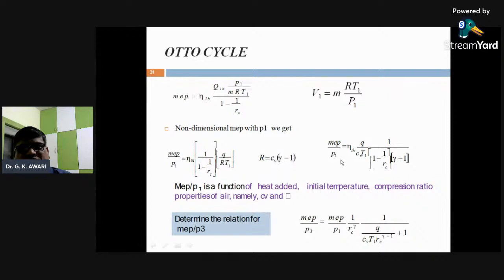So MEP divided by P1 is equal to thermal efficiency times Q by Cv T1.